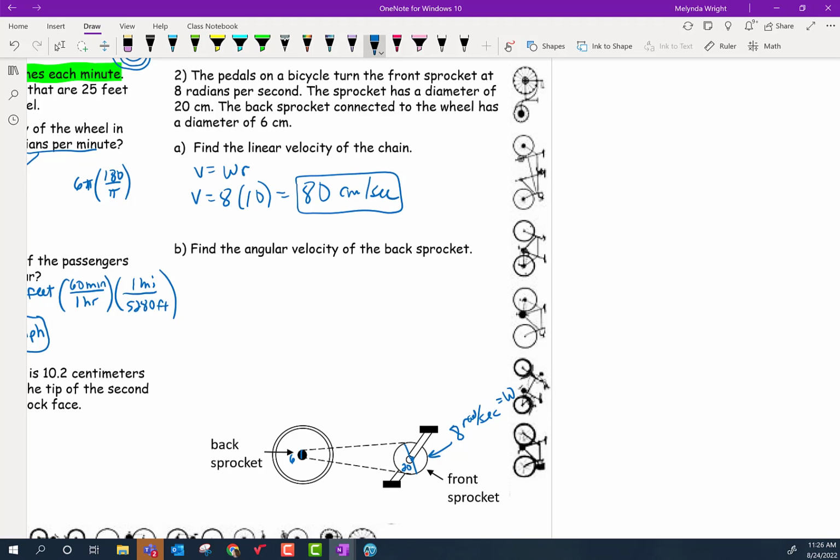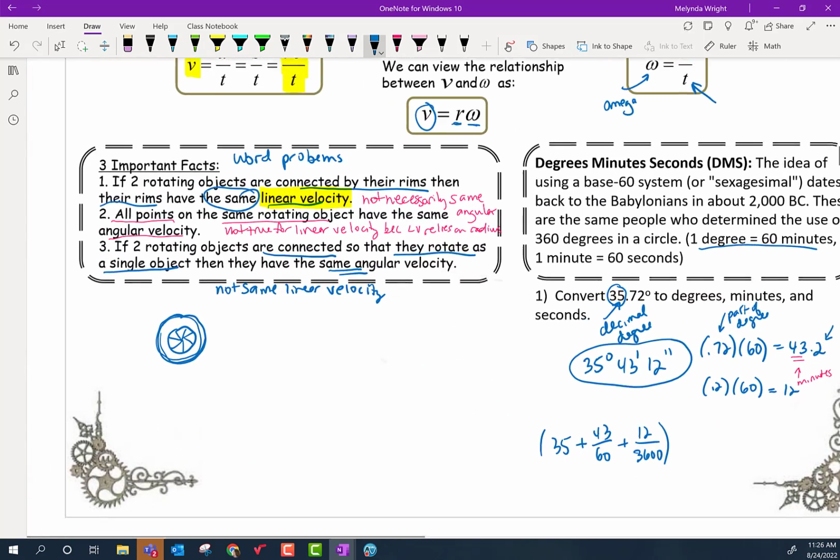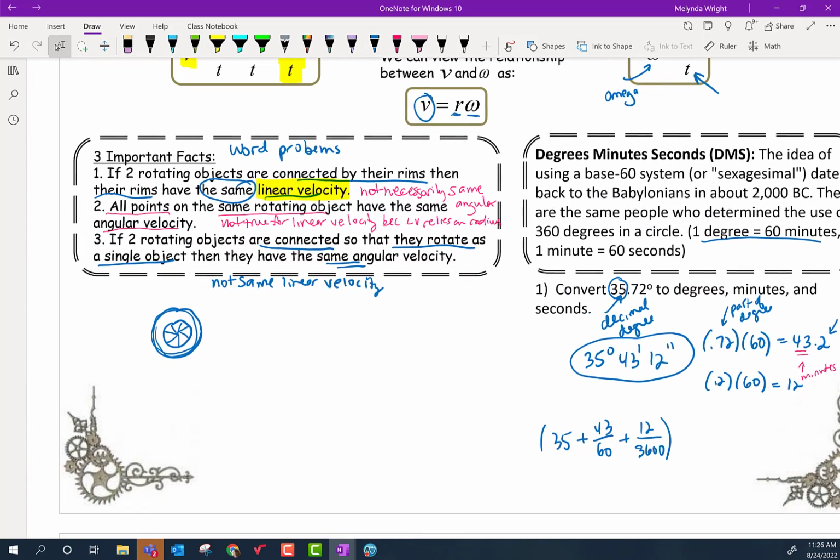Oh, now they're getting crazy on us. Find the angular velocity of the back sprocket. Do the back sprocket and the front sprocket have the same linear velocity? Look at this little thing up here. Two rotating objects that are connected by their rims have the same linear velocity.